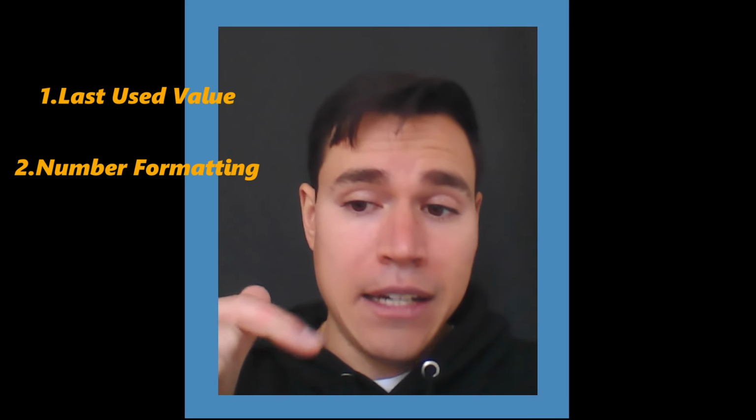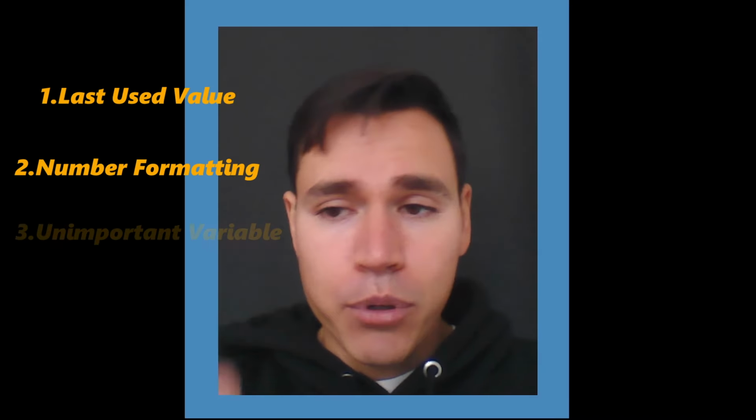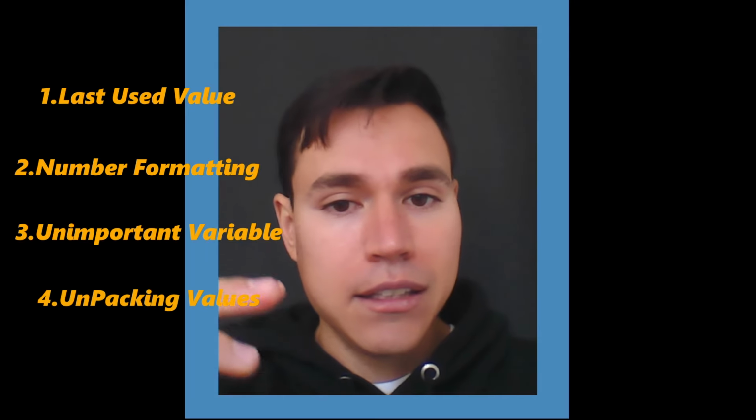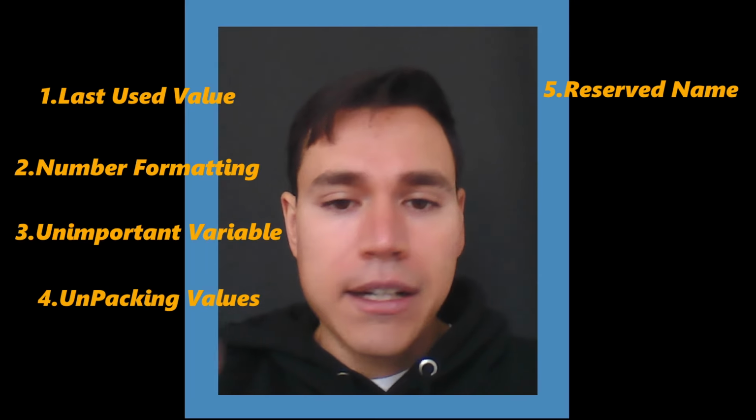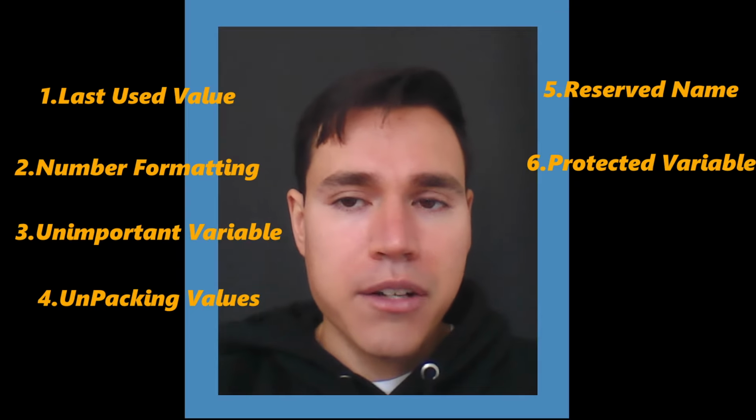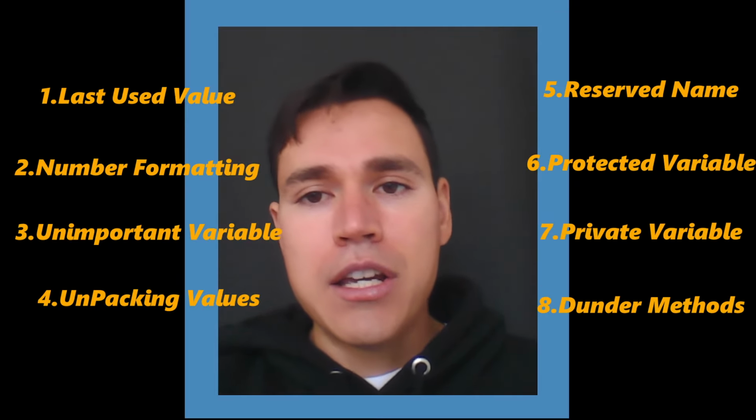Remember, you can make your code cleaner and more efficient using the underscore with the last used value, number formatting, unimportant variables, unpacking tuple values, reserved names, protected variables, private variables, and dunder methods. So next time you encounter an underscore in Python, remember it's not just a symbol. It's your secret weapon for cleaner, more Pythonic and readable code.